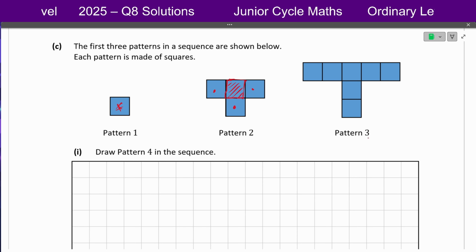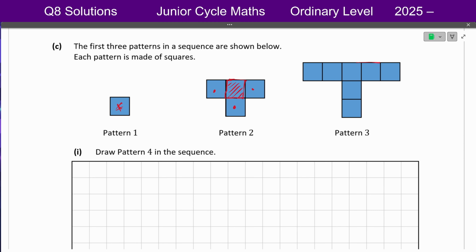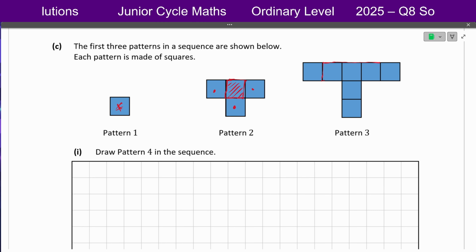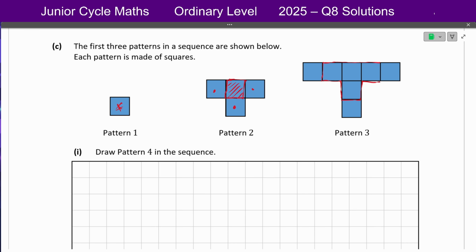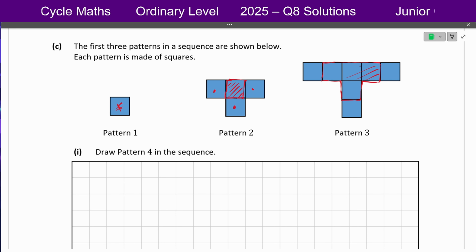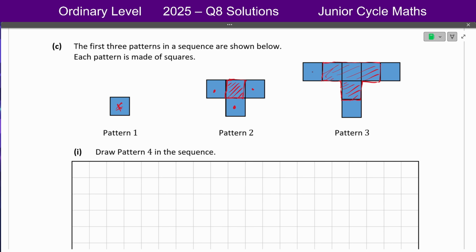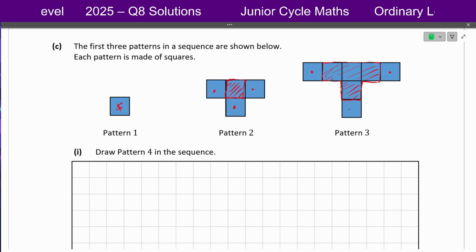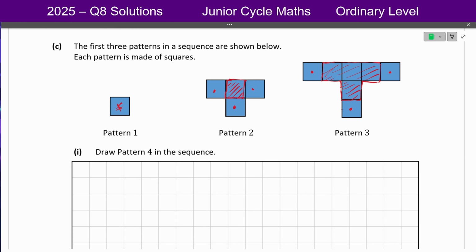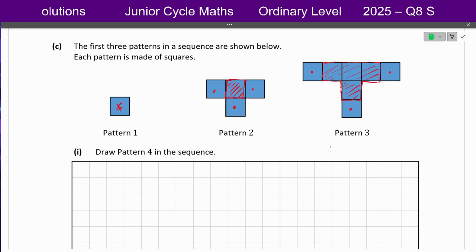And if we check pattern 3, we can see that here is our pattern 2, and what we have done again here, we have added a square on each side and one square underneath, okay, and pattern 3.